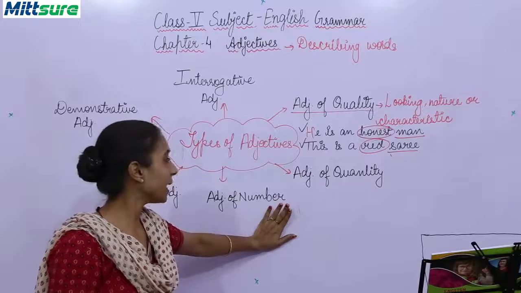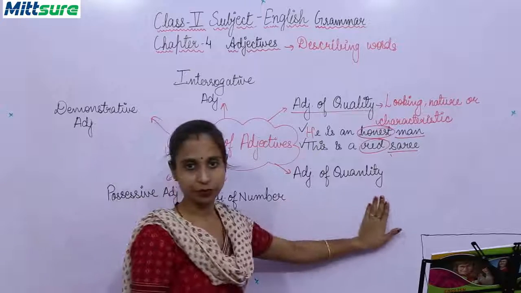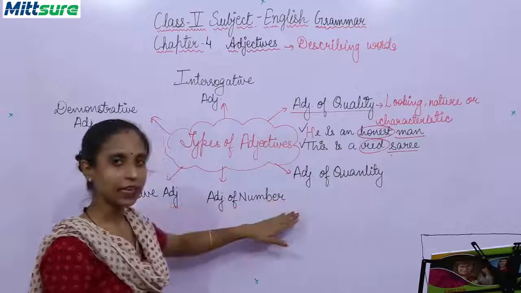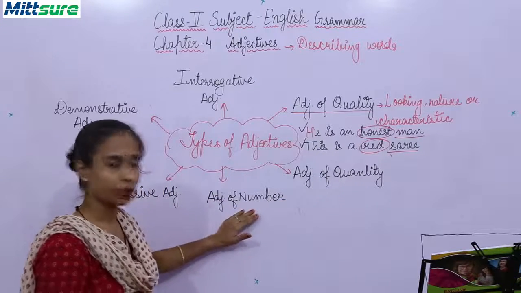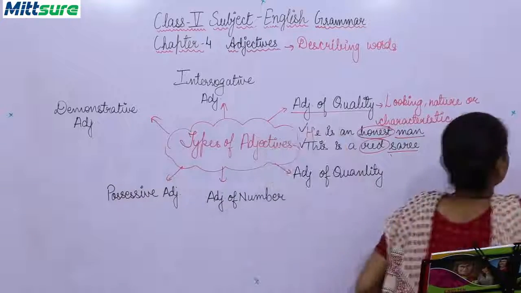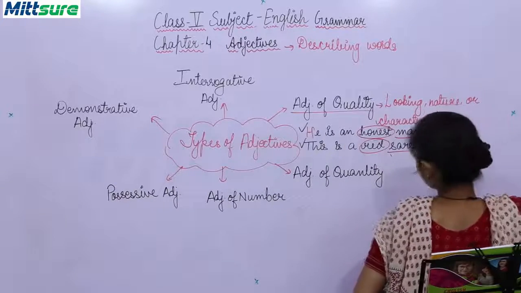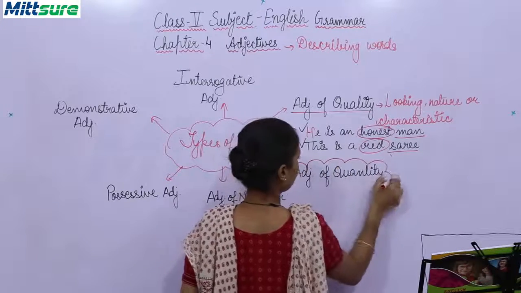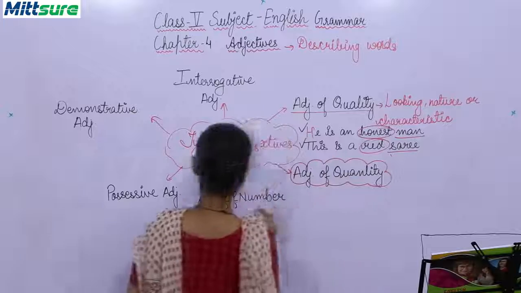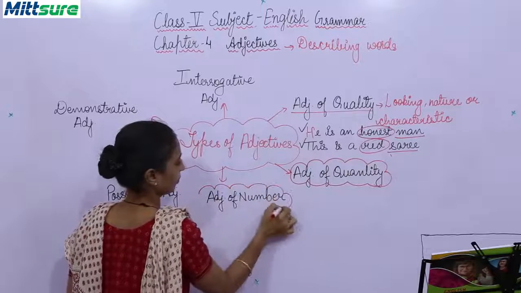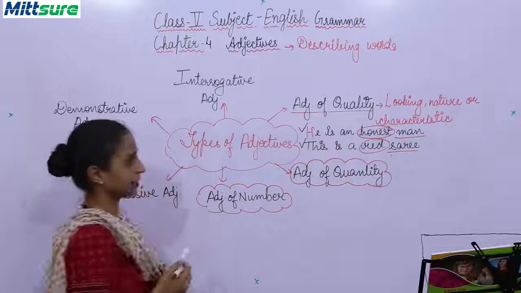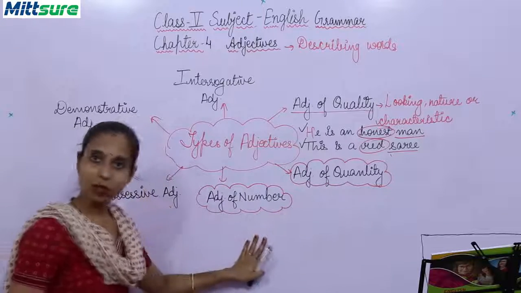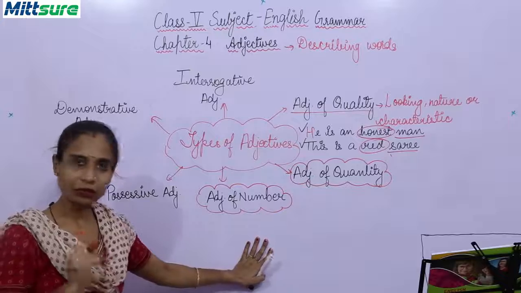Now coming to adjective of quantity. Now children, we will do adjective of quantity and adjective of number together. Adjective of quantity and adjective of number. See, they both are related to nouns. Adjective is related to noun, that we know.